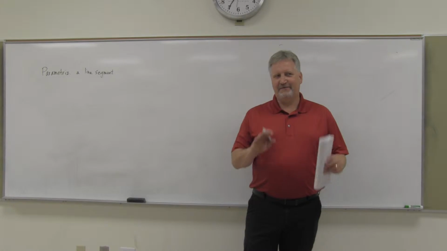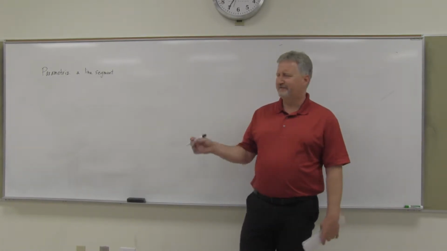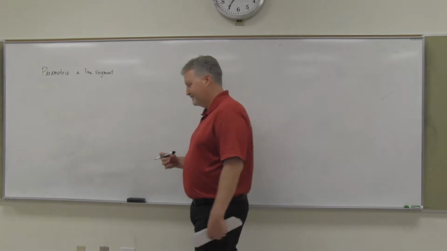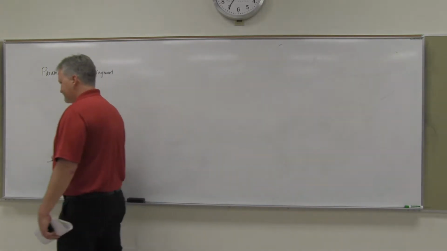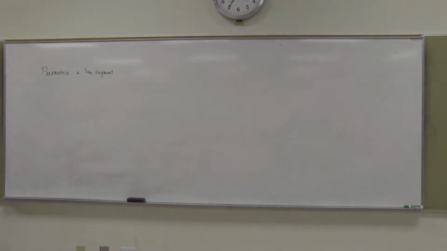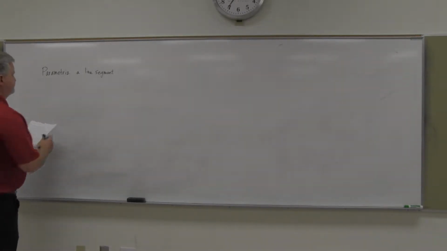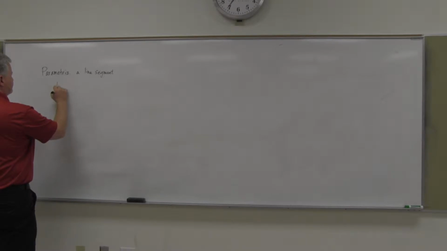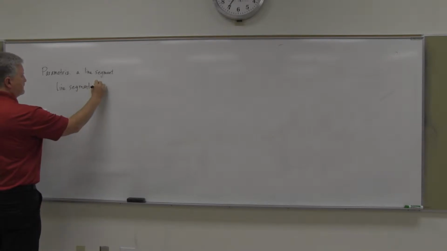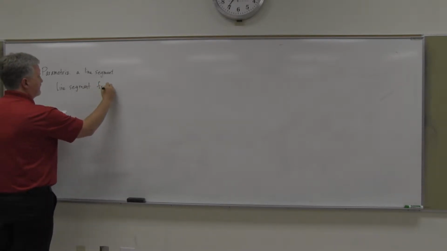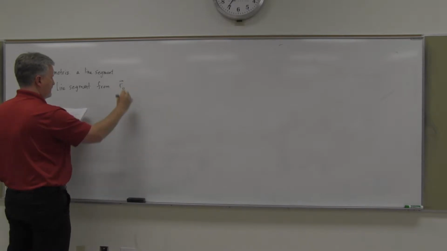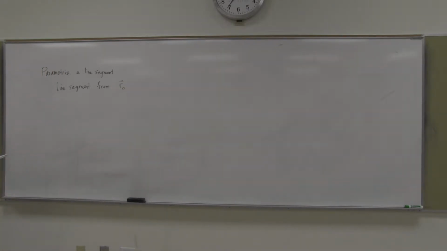All right, so if you'll recall, this was probably the first section we did of this course: parameterizing a line segment. If we've got a line segment from R0 to R1, and this utilizes vectors, so again, it's been a while.